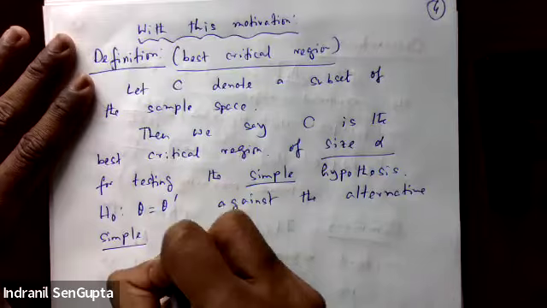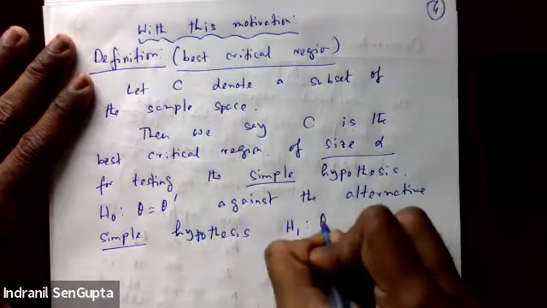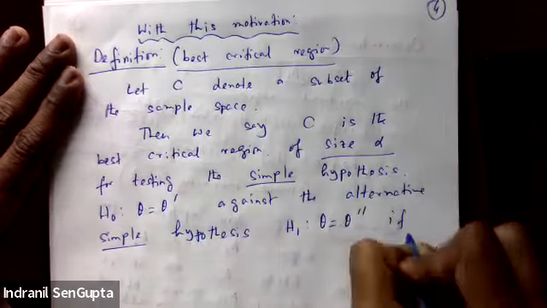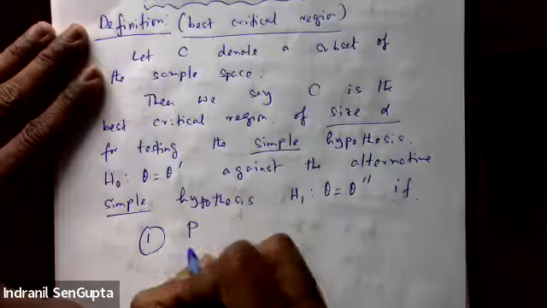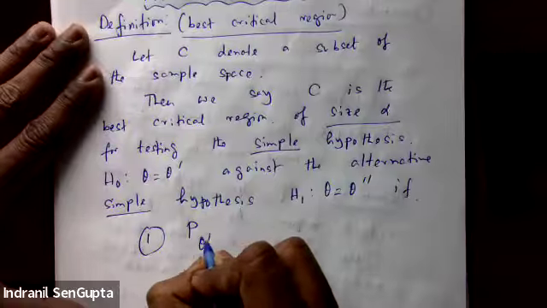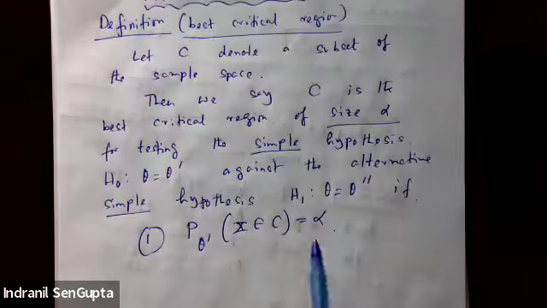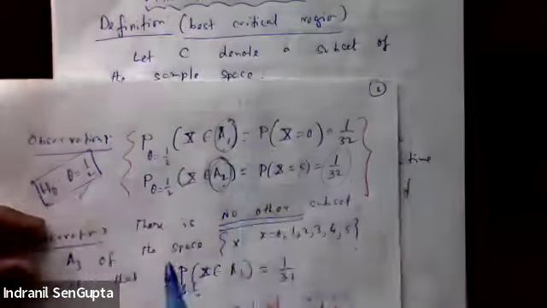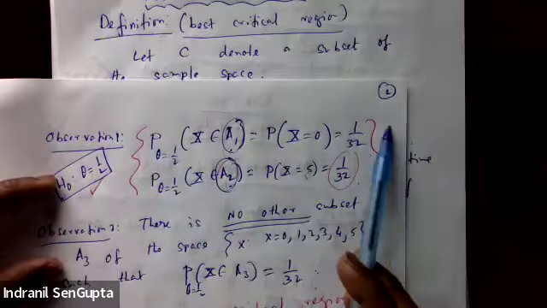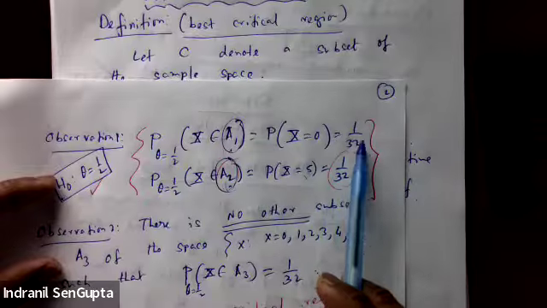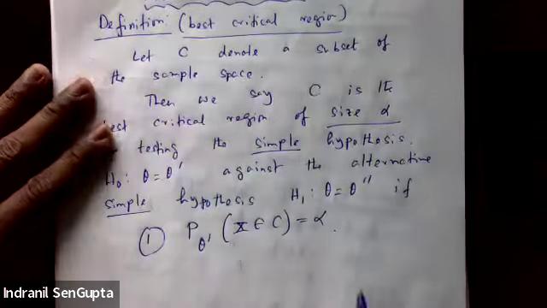Simple hypothesis H1, which is theta equals theta double prime, if part 1: under the null hypothesis, that is with respect to theta prime, the probability of X in C should be alpha. Note that. So that is the first condition. So these two are possible candidates, A1 and A2, because under the null hypothesis that is equal to alpha. So we set alpha to be 1/32. That is the first one.